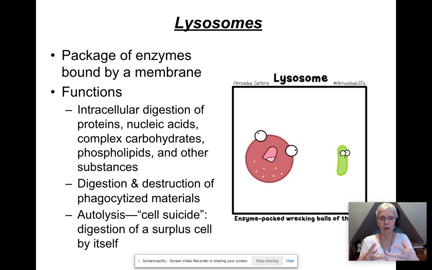Or they might just digest a protein, a nucleic acid, a carbohydrate, a phospholipid, some nutrient that comes into our cell. They digest it so we can use it. So again, therefore digestion. Now they do autolysis. That means if it's time for a cell to not exist anymore, they will actually burst it.